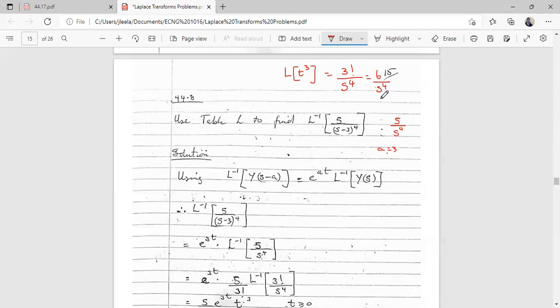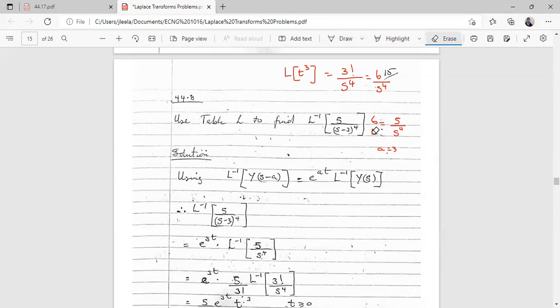So this is kind of similar to the 5 over S to the power 4. The only thing now, in order for us to get 5 here, what do you have to do? You have to put 5 on the top here, and you put 6 on the bottom so that they will cancel.